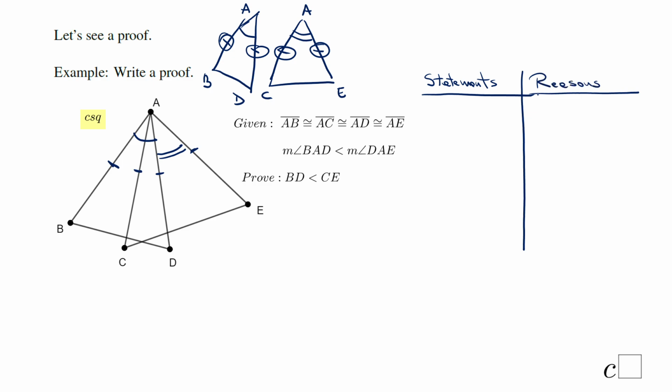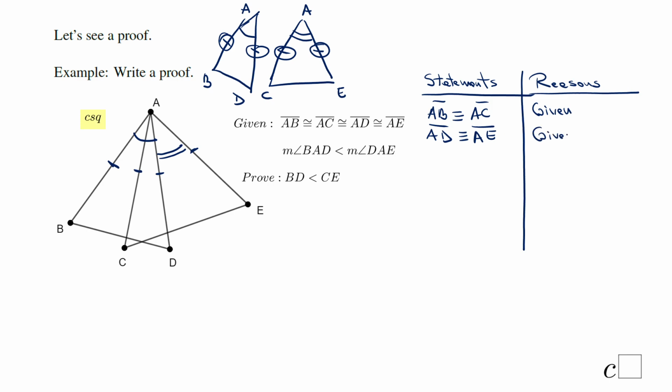And we notice the first thing I'm going to write here is AB congruent with AC, and that is given. Then also AD congruent with AE. These are the two corresponding congruent sides. In fact, all four are congruent, right? And this is given also.